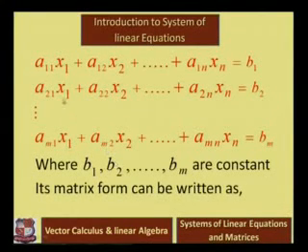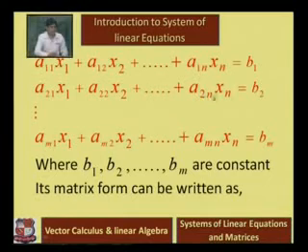a11 x1 plus a12 x2 plus up to a1n xn is equal to b1. Second equation, a21 x1 plus a22 x2 plus up to a2n xn is equal to b2. And continuing with the mth equation, am1 x1 plus am2 x2 plus up to amn xn is equal to bm.